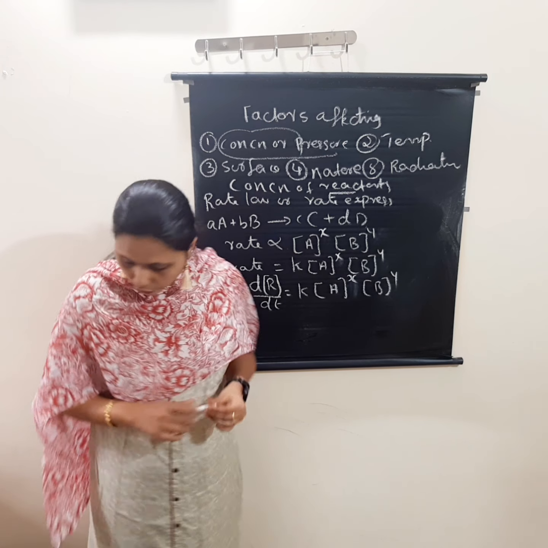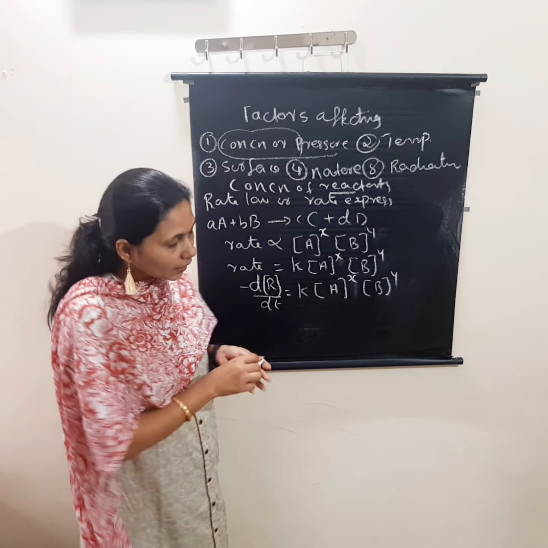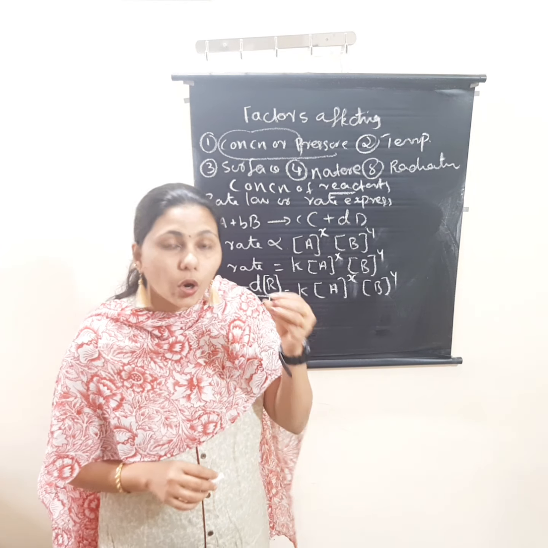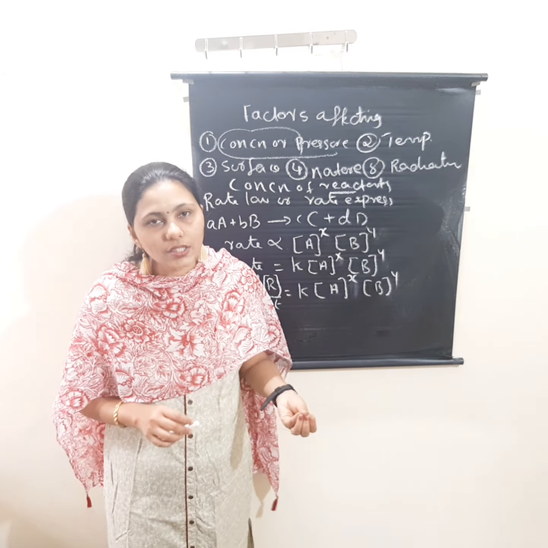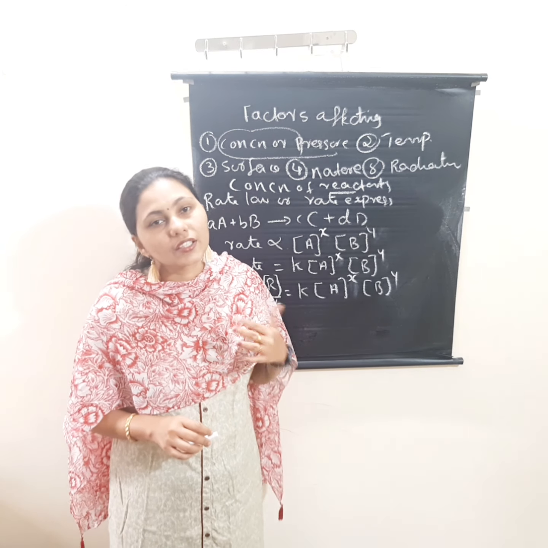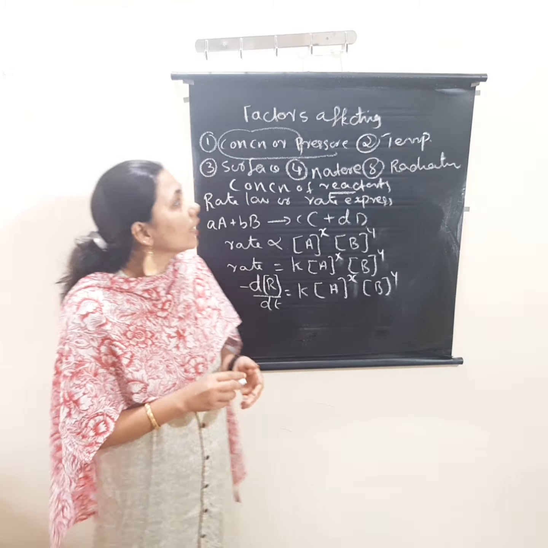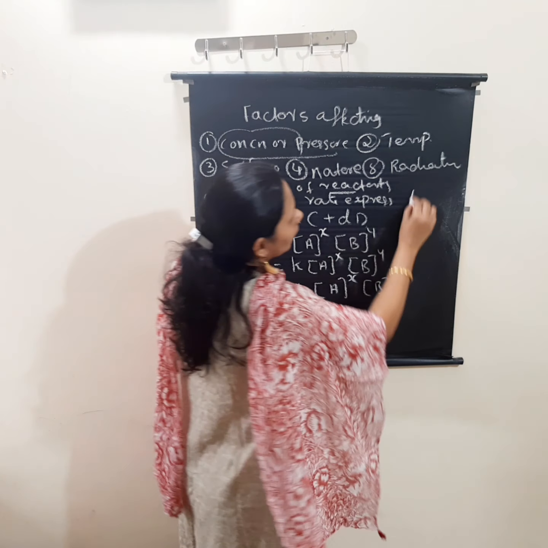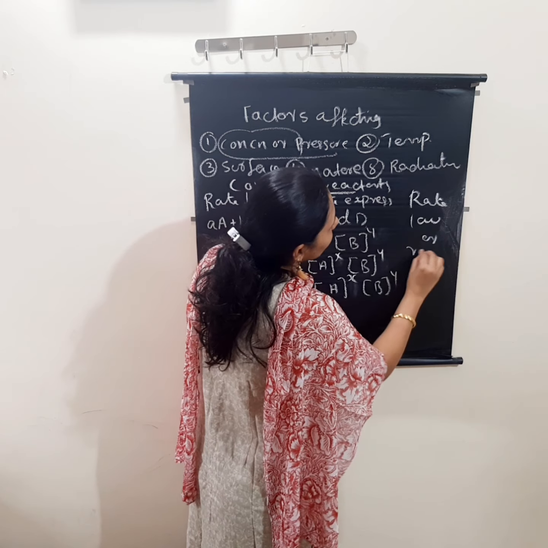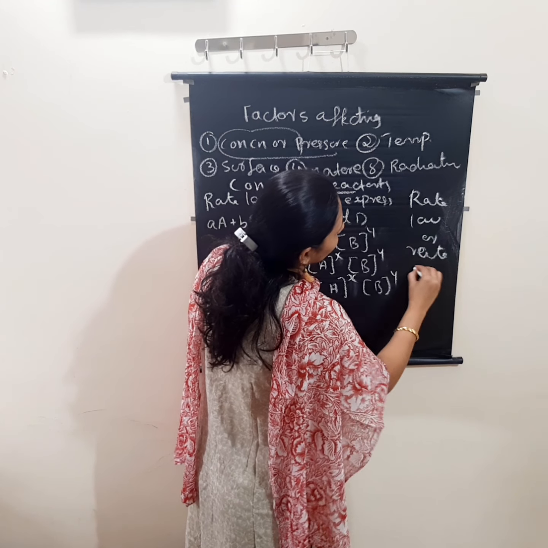So what is rate law or rate expression? The expression that gives the relationship between concentration of the reactant and the rate of a reaction is known as rate law or rate expression.